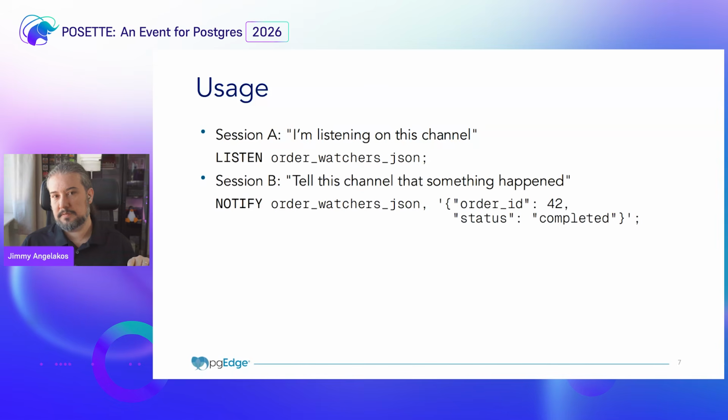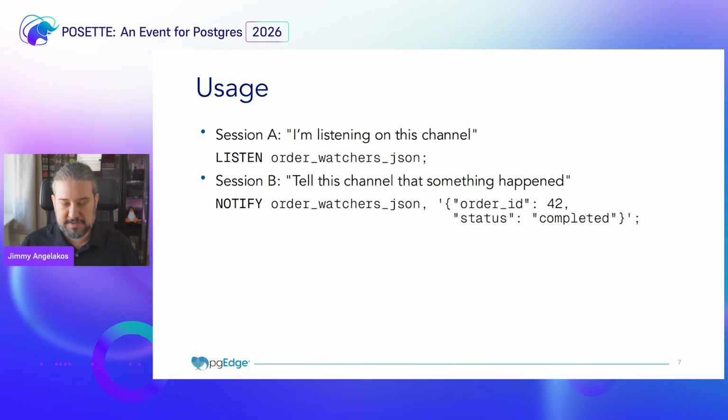Session B is the publisher in this case. So it's saying, tell this channel that something happened. So it's running NOTIFY order_watchers_json, the channel, and then a payload, which in this case is a JSON payload as a string, which is order ID 42 and status is completed, which is what the listener is waiting for.